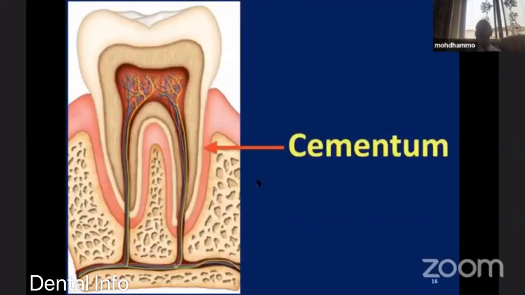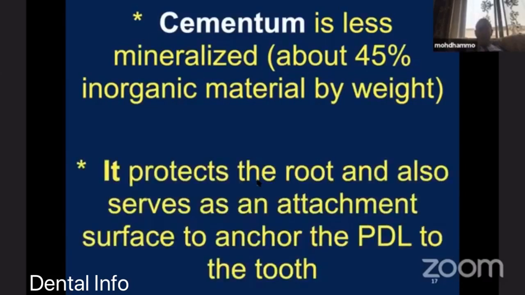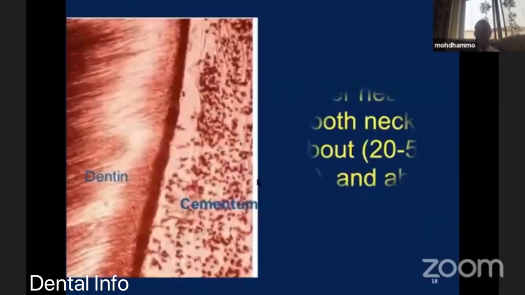Then we will go to the cementum, and the cementum is less mineralized, 45% inorganic material and 55% organic material. The main function of cementum is to protect the root and also serve as an attachment surface to anchor the periodontal ligament.